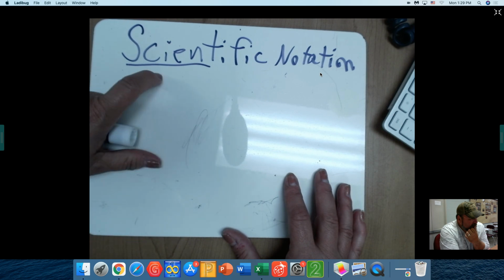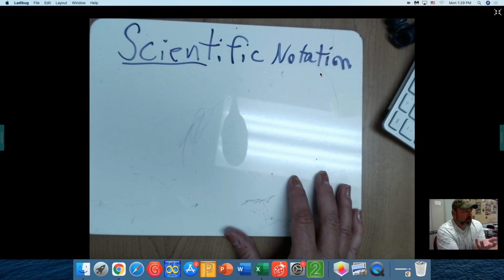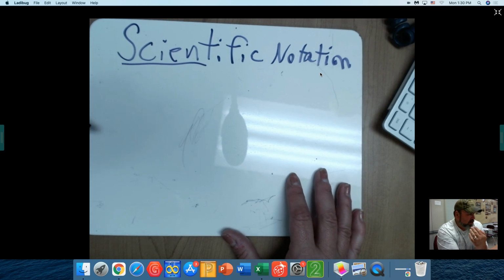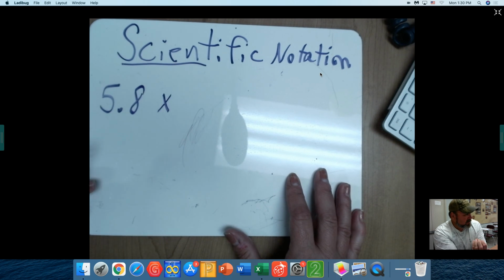So that's when you would use the scientific notation. Like what you'd be talking about would be the distance from Earth to Mars. Or when you shrink down a picture to find the nucleus of a cell, something like that.